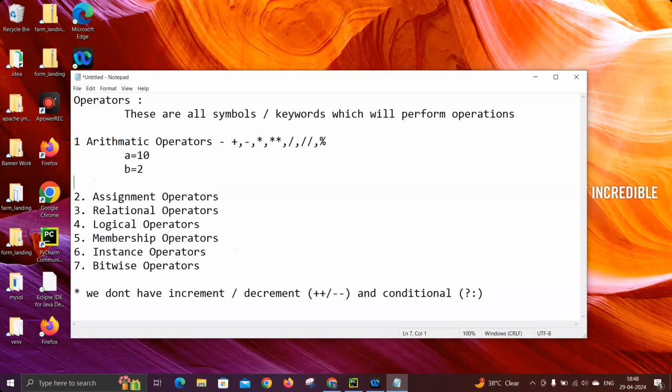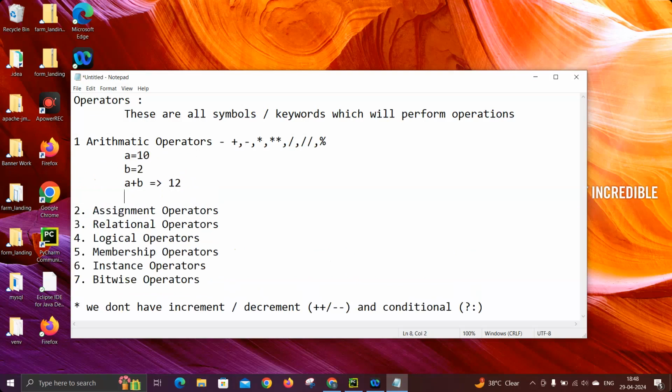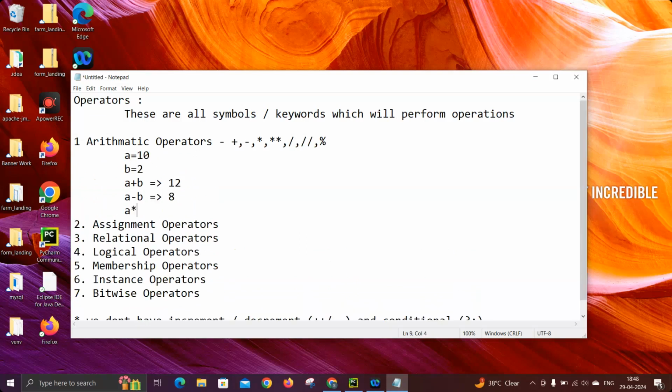If I perform a plus b, you all are aware it gives 12, that means addition. a minus b gives 8, because 10 minus 2, and a star b gives the multiplication of two values, 10 into 2, that is 20. These are the basic operators we can use everywhere.